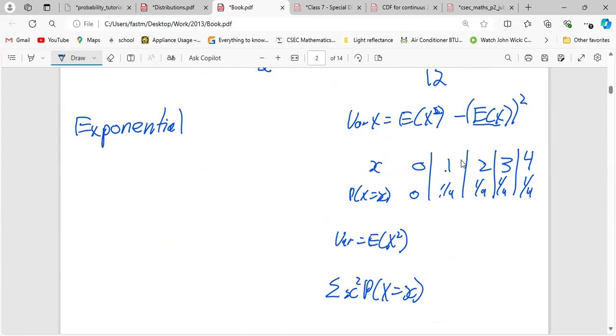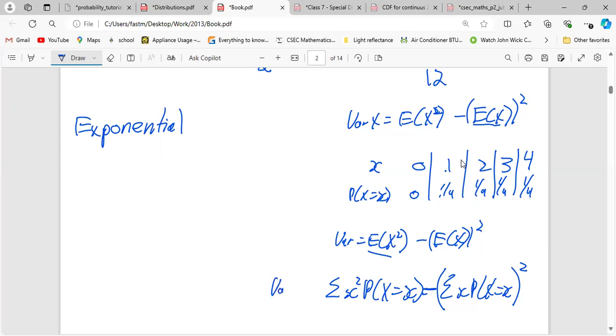So you square these on top here and multiply by these, and you get this piece here. Then you subtract the expectation of x, which is just the sum of x times the probability x is equal to x, all squared. So that would just be this by this, this by this, and you add them up, and you end up with that.